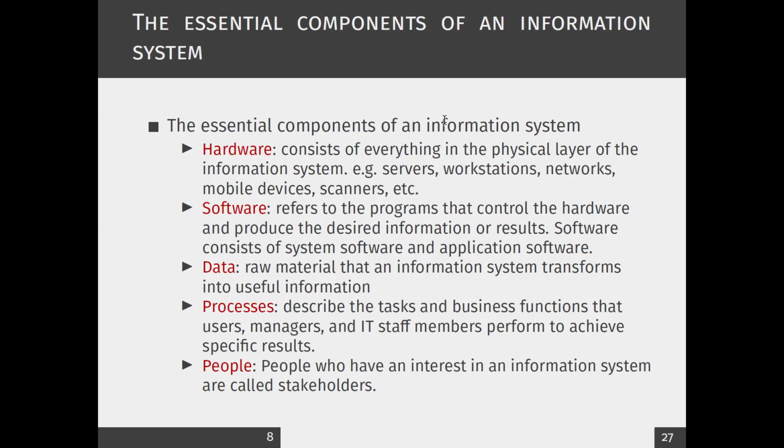So that means you have both system software and application software. Data, you have raw material, and the processors is what we use. We might use different tasks and business functions, and to manage users, managers, and IT staff members to achieve specific results. And the people are those who are interested in information systems. So these 5 are the essential components of an information system.